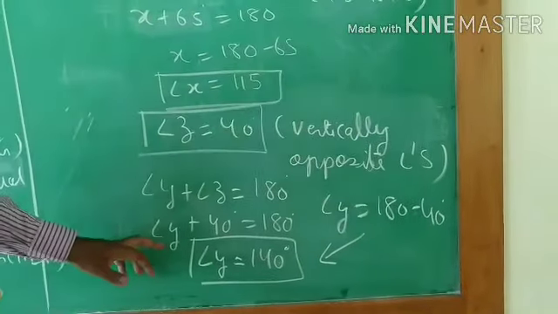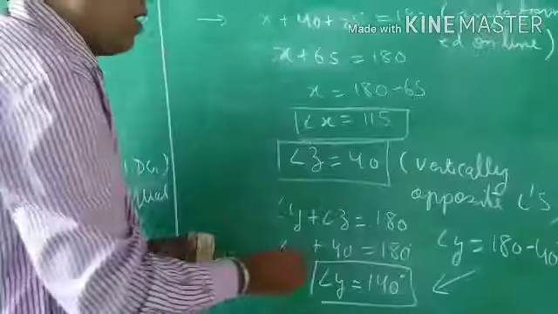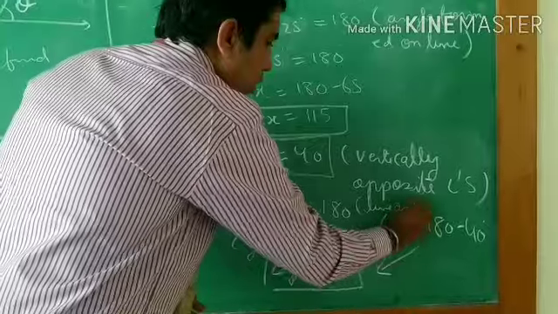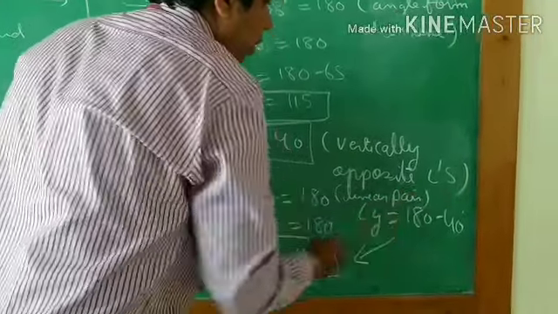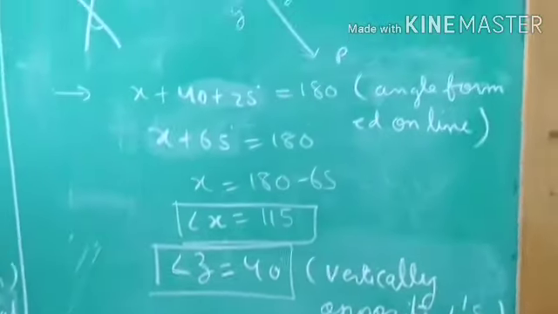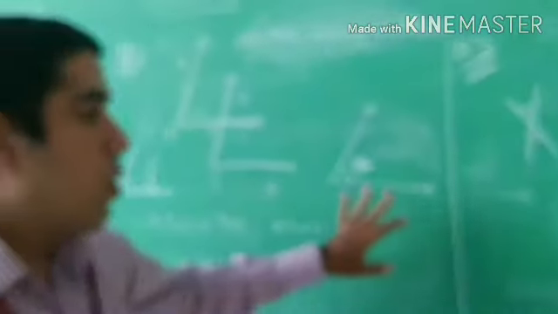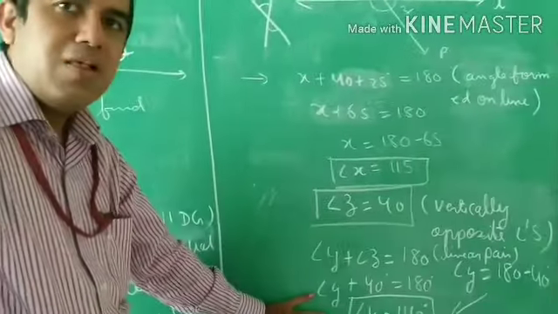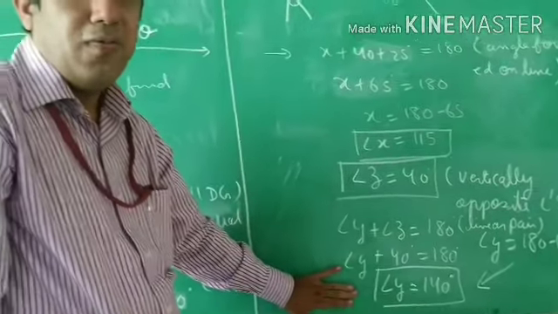I think it is clear to you why it has come. It is a linear pair, so as the reasoning you can write linear pair. I discuss here some of the problems which I think you may face difficulty with. You can see x is 115, z is 40 degrees, and y is 140 degrees.